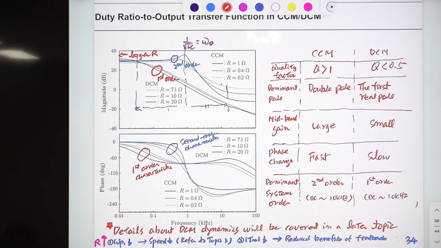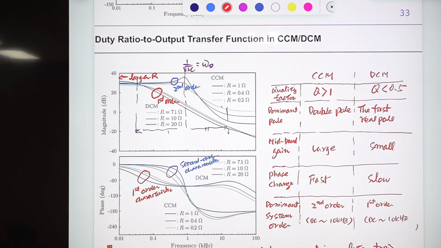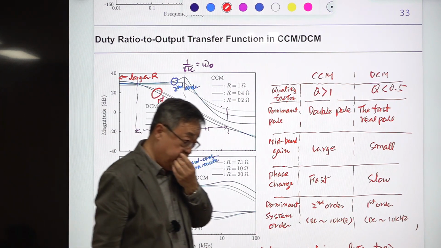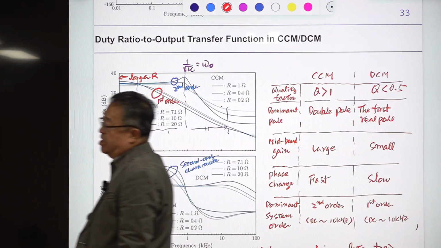Let me finish this up. I prepared this in the previous semester. It summarizes the small signal characteristics of the converter in CCM and DCM.